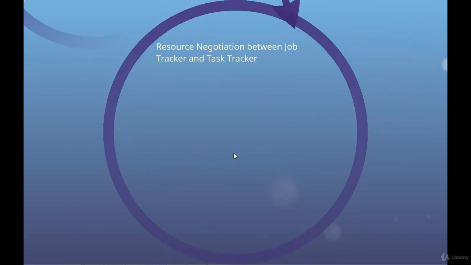That's why this process is called resource negotiation. And that's why this whole algorithm on which Hadoop is working, by building the intelligence into the Hadoop framework for computing, is called YARN. YARN stands for Yet Another Resource Negotiator. This is the biggest change in Hadoop 2.x when we compare with Hadoop 1.x.